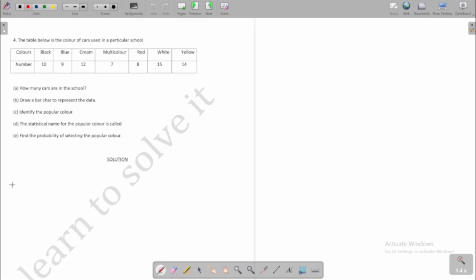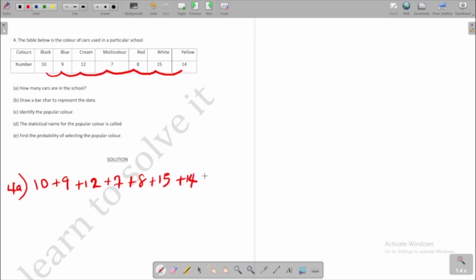For us to get the number of cars in the school, you add them together. 10 plus 9 plus 12 plus 7 plus 8 plus 15 plus 14 equals 75 cars.